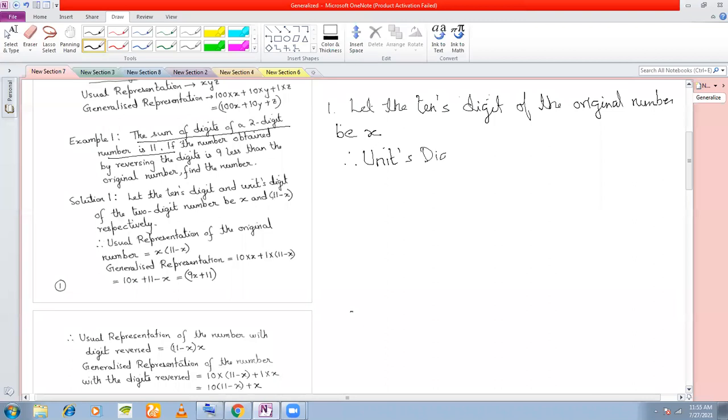If one number is x, and if the sum of the digits is 11, what should be the units digit? Suppose I give you a number 5, and I tell you that the sum of the digits is 11, so what should be the units digit here? It should be 11 minus 5, which is 6. So that means if I take the tens digit as x, the units digit must be 11 minus x.